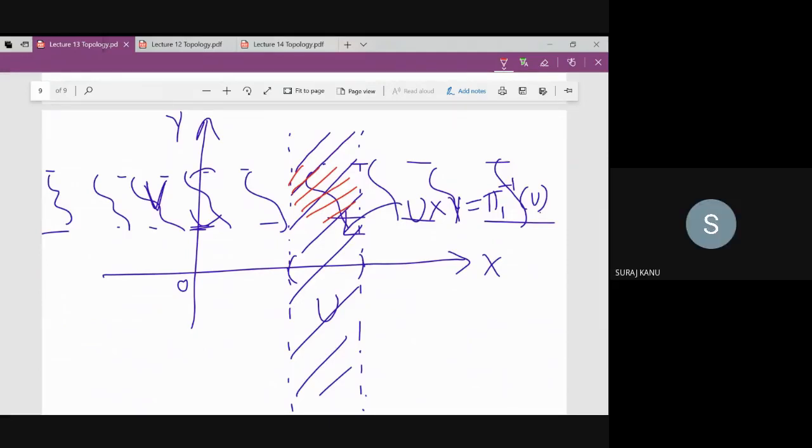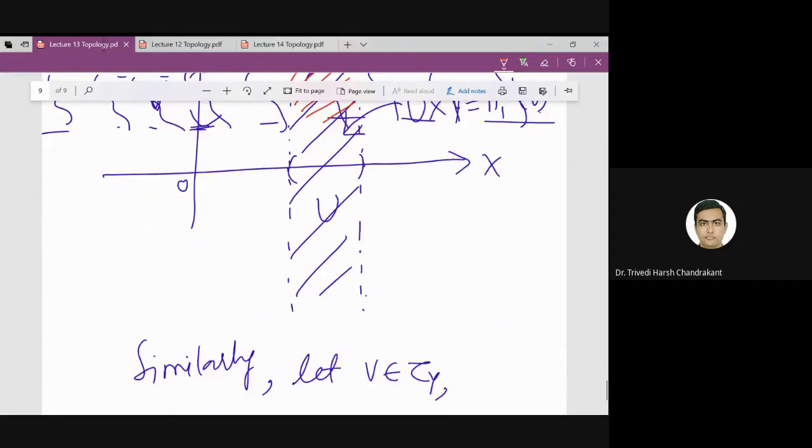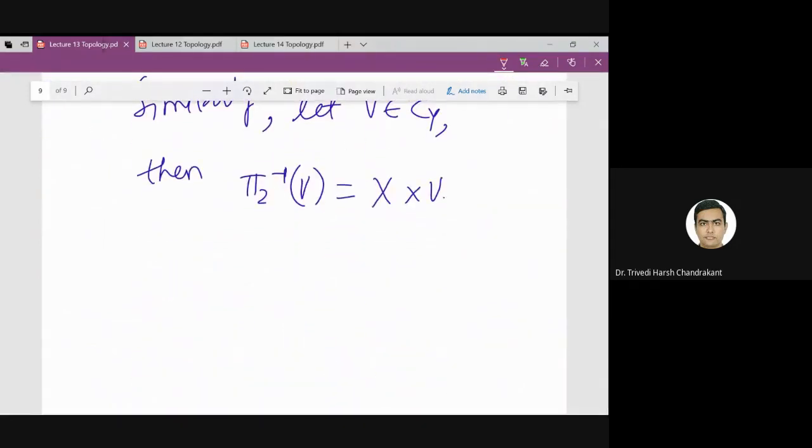This rectangular region will be the intersection. Yes, that will be rectangular. In the figure I have actually taken similar kind of intervals, so it looks like a square, but as you said, it is a rectangular region. So what is the intersection of pi one inverse u and pi two inverse v in terms of u and v?